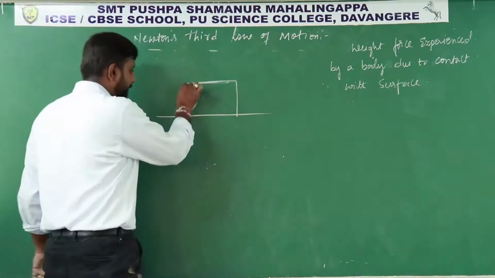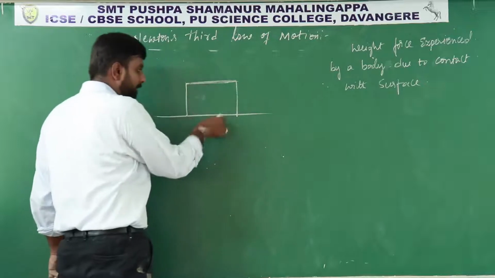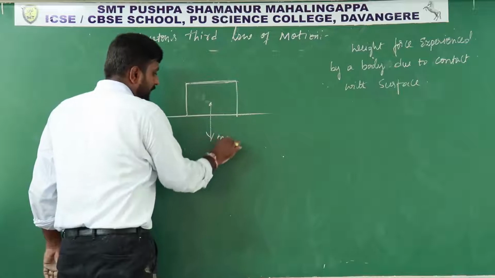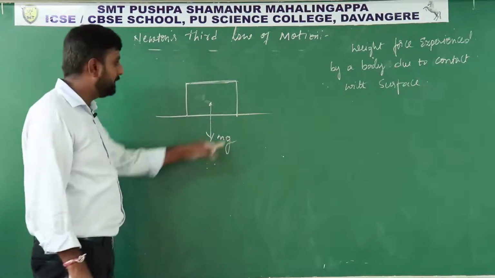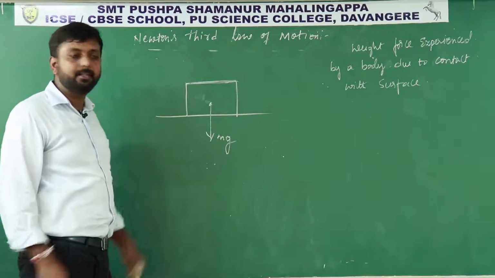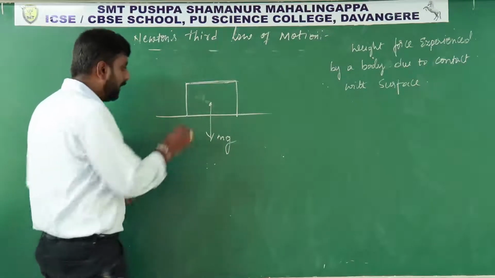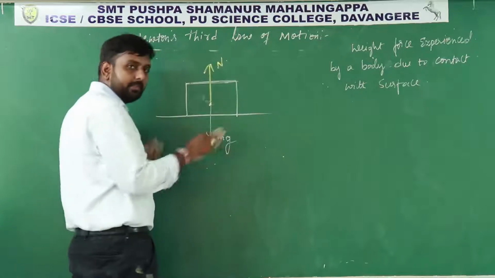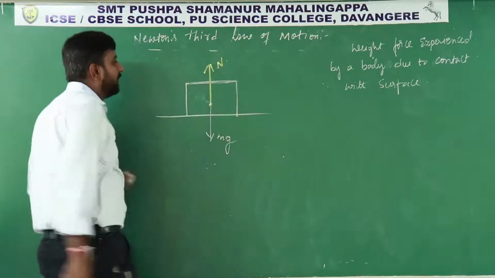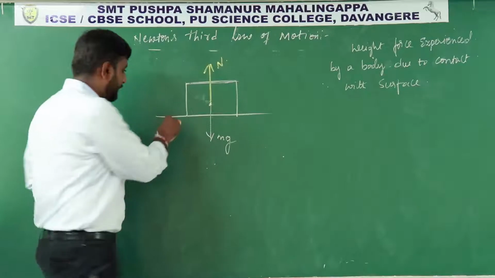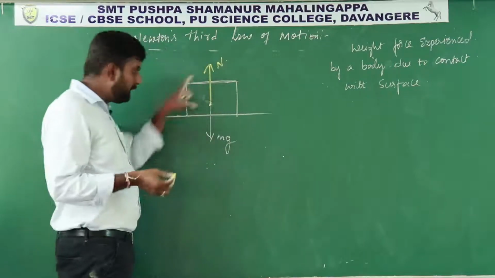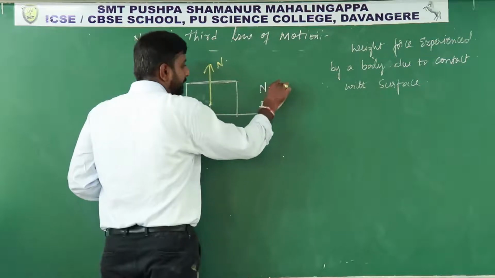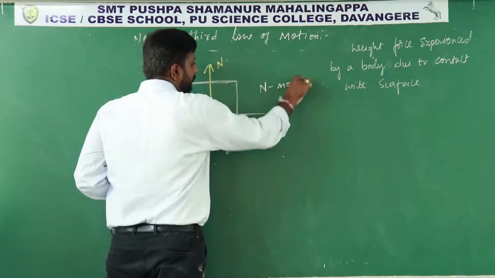Here its weight mg acts downwards, where g is the acceleration due to gravity. Similarly, on this block a normal force acts. The surface applies a force on the block due to contact. Definitely it is at rest, so I can say N minus mg equals 0.